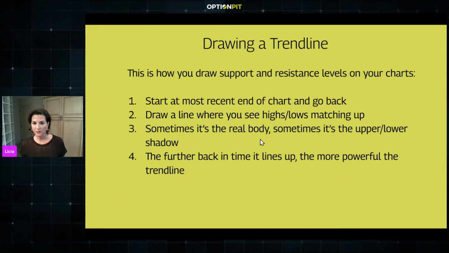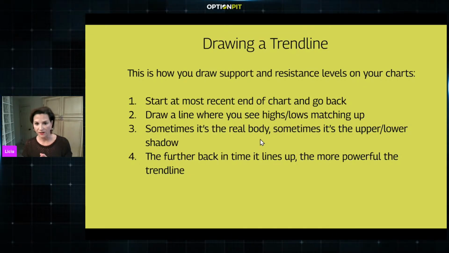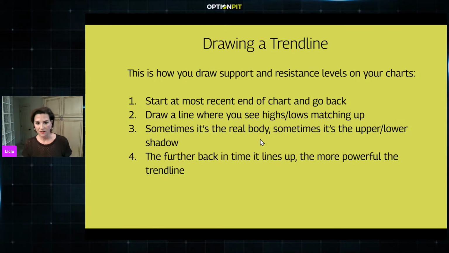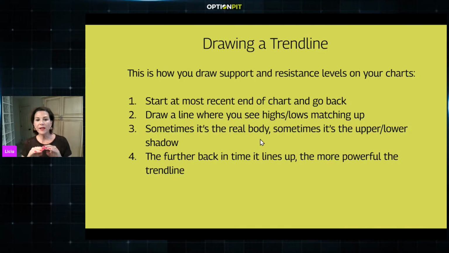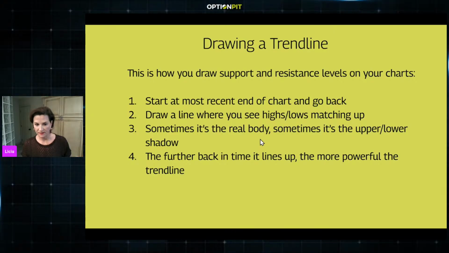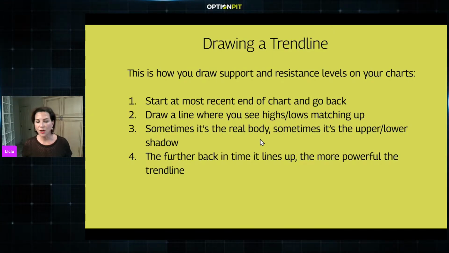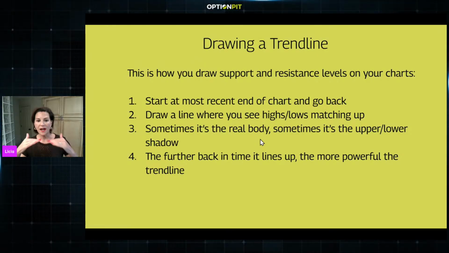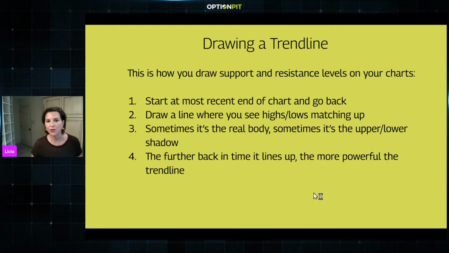Sometimes you'll use the real body, which is the colored part of the candle, the difference between the close and open. Sometimes it'll be the upper and lower shadows, or what people call the wicks. The further in time that your line goes, and the more times the stock has honored that line, the more powerful is your trend line.